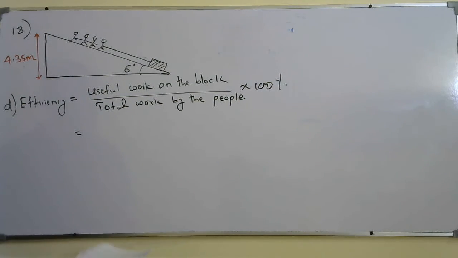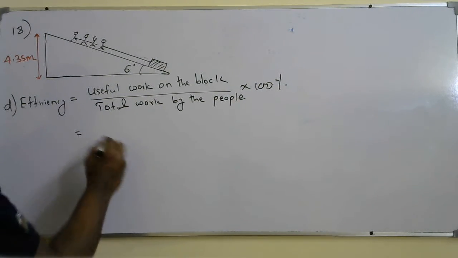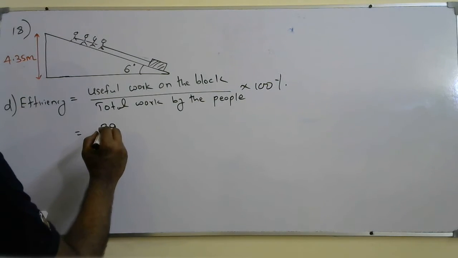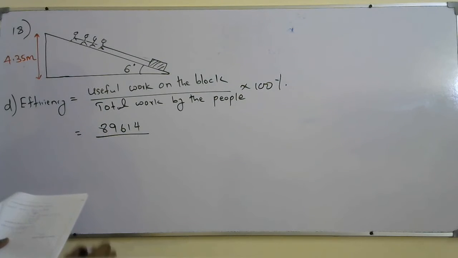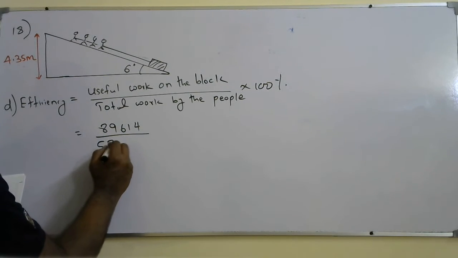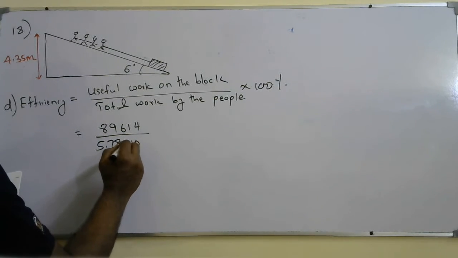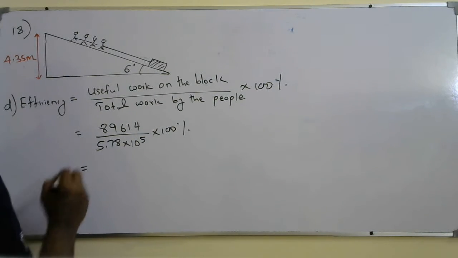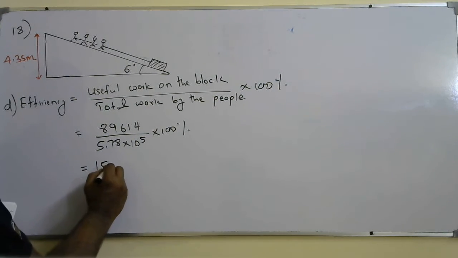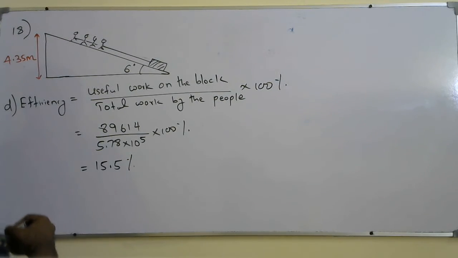So useful work on the block, we found it, that is 89,640, divided by total work done by the people, we found it 5.78 times 10 to the power 5, into 100%, you'll get 15.5%. That's the answer.